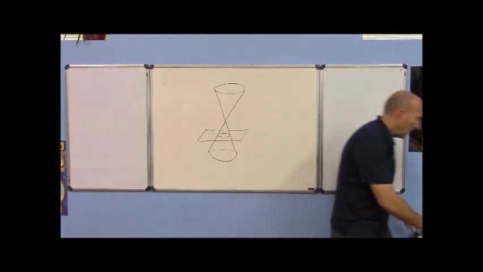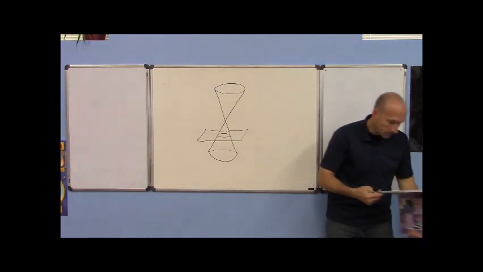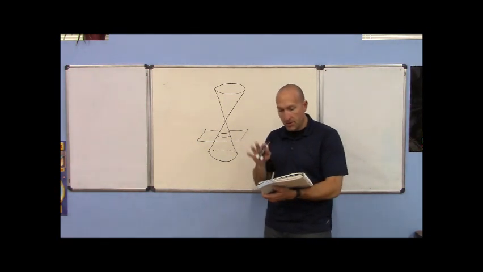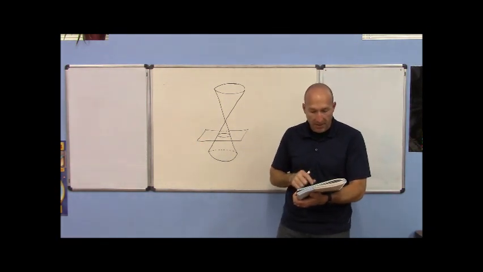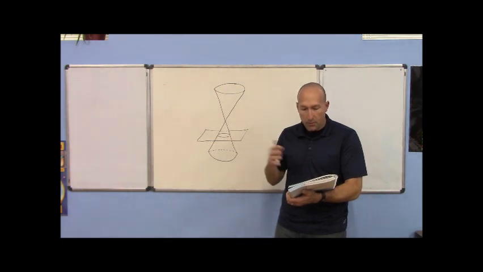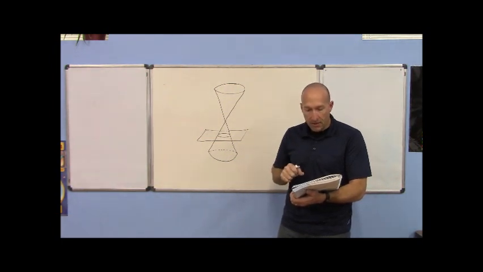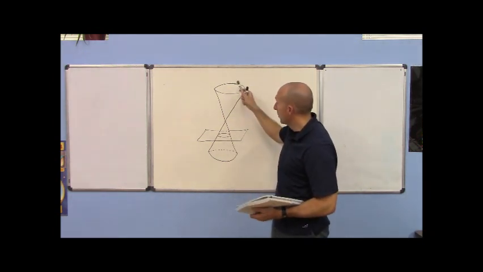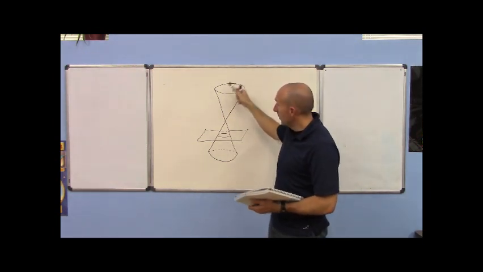Okay? If we go back and read the definition again, there are actually two that we'll talk about, because there's two things that are occurring. It's the intersection of one nap of a, don't worry about the word nap right now, of a right circular conical surface. A right circular conical surface.